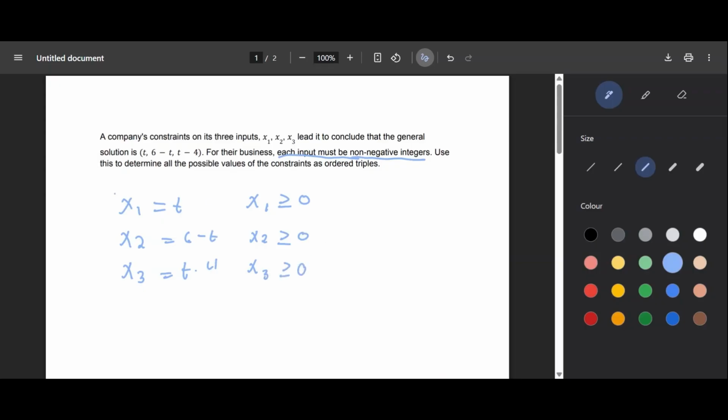And given that we have this right here, we can expand that information and say that since x1 is equal to t here, t has to be greater than or equal to 0. x2 is equal to 6 minus t, I'm just going to draw these arrows here so we know where we're getting that from. We know that 6 minus t has to be greater than or equal to 0. And we know that t minus 4 has to be greater than or equal to 0.